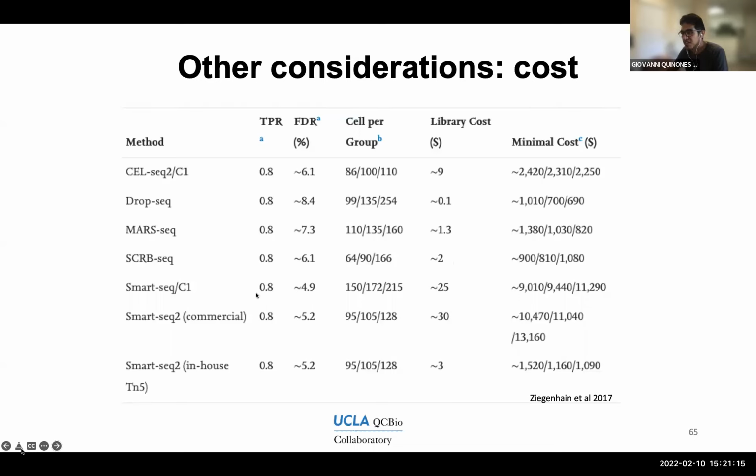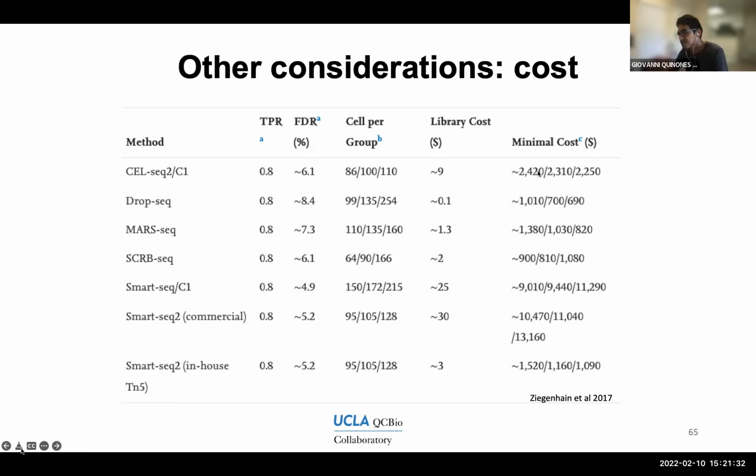And this is something we mentioned before, SmartSeq being relatively more expensive. Unfortunately, we don't have 10x in this table, but I'll show data for the 10x in the next slides.